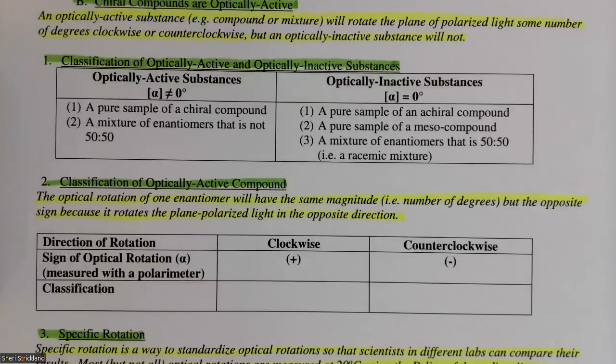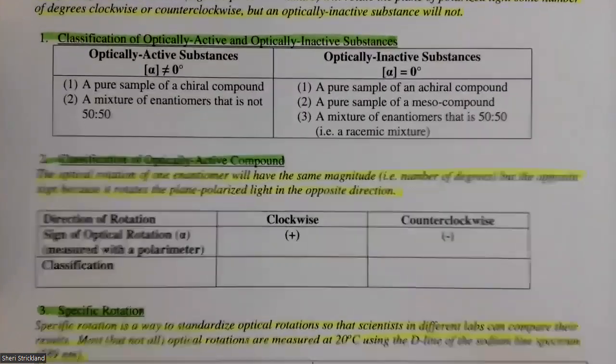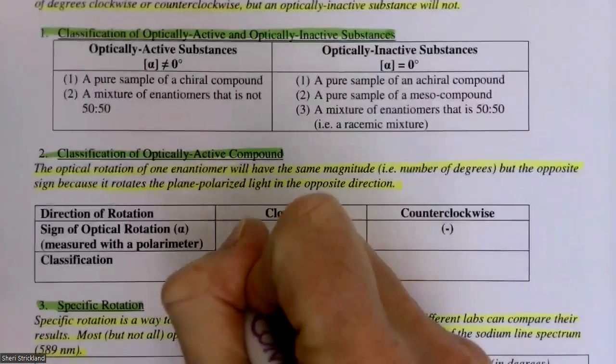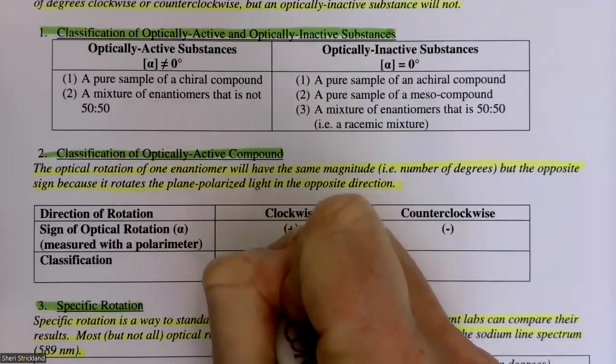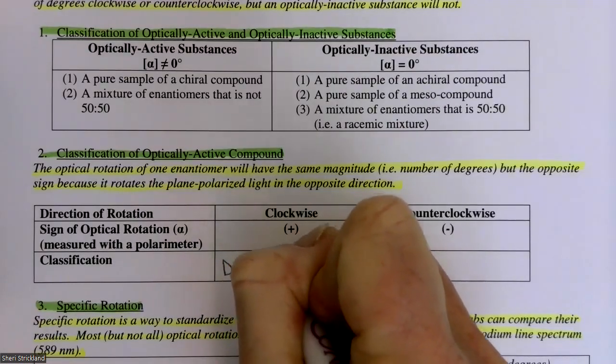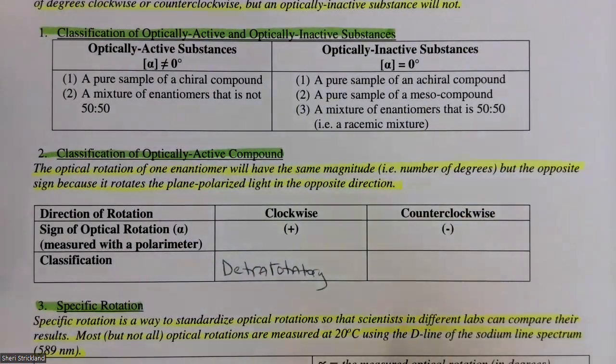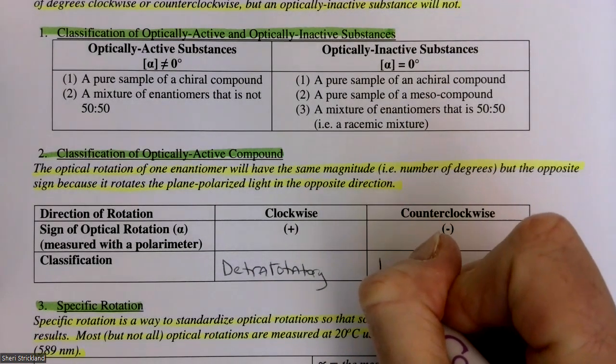So if you have a clockwise rotation in the polarimeter, then your optical rotation will have a positive sign, and these compounds are called dextrorotatory. And if you put it into the instrument and you get a counterclockwise rotation, then the measurement gets a negative sign, and these are called levorotatory.